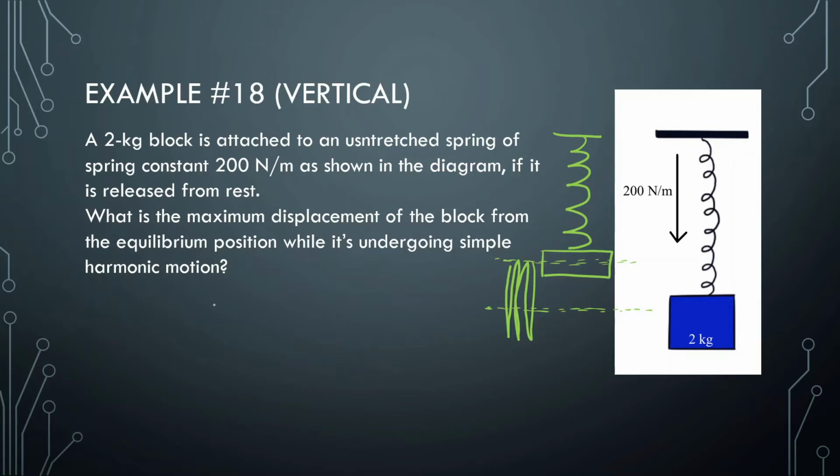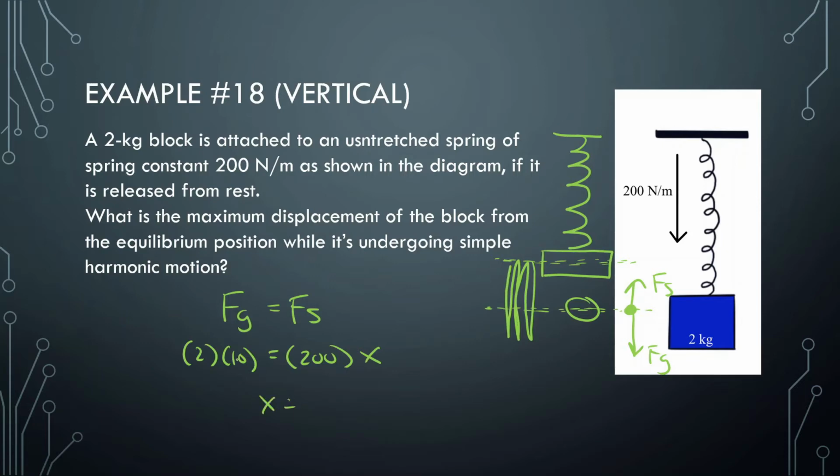The new equilibrium position is going to be here. To find it, we know that at the equilibrium position, the force of gravity is equal to the force of the spring. The mass is 2, gravity is 10, and the force of the spring is kx, where k is 200 and x shows how much it's going to stretch.